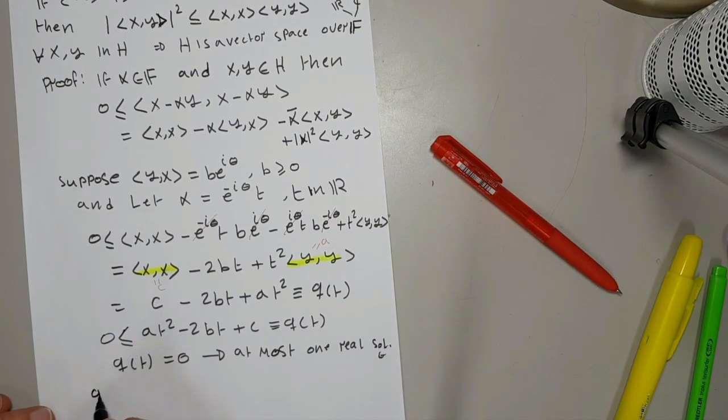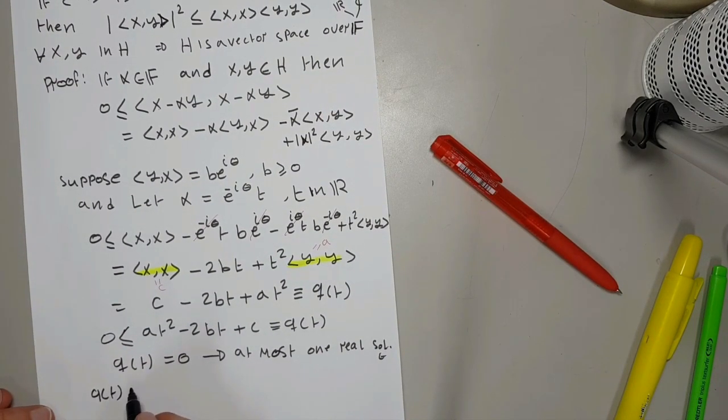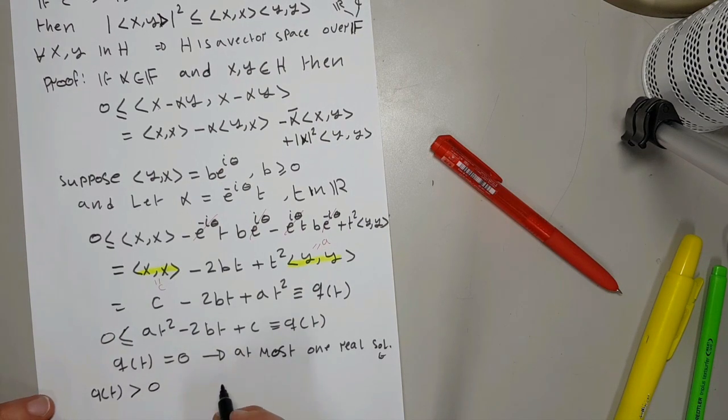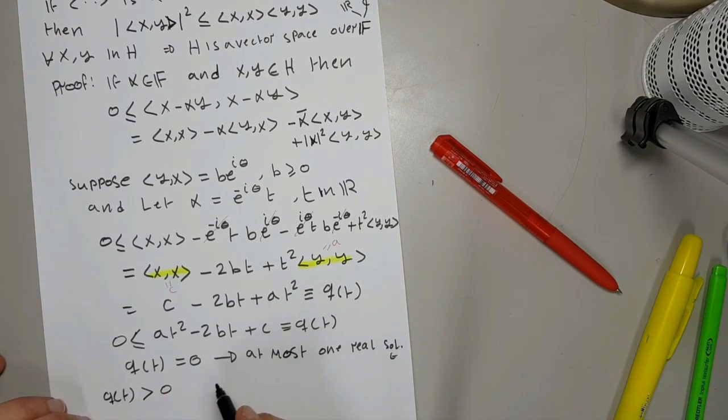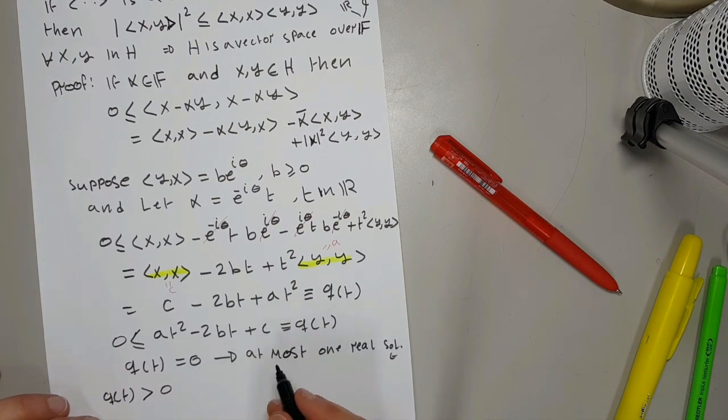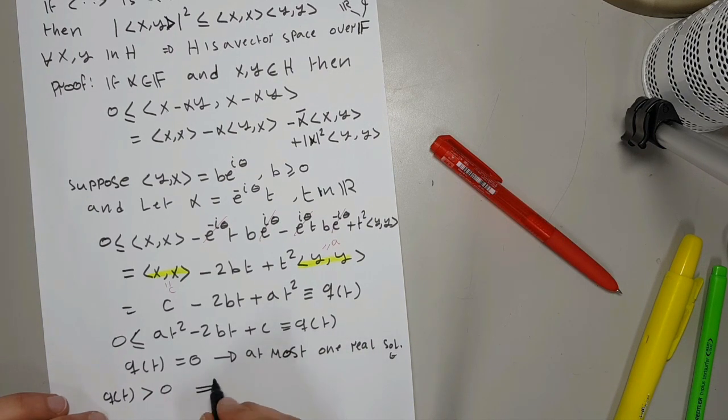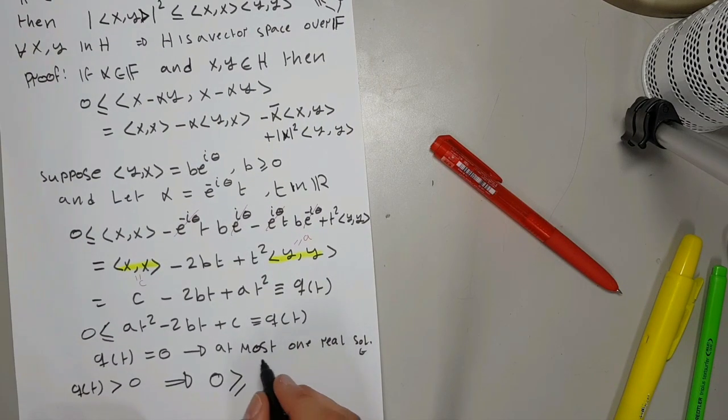But if q of t is greater than 0, then from the quadratic formula we know that the discriminant is not positive. So we have 0 greater than or equal to the discriminant.